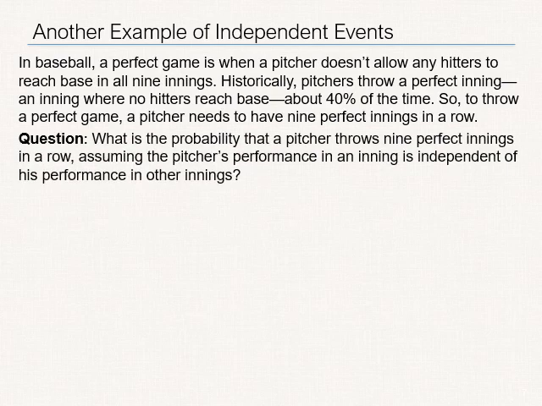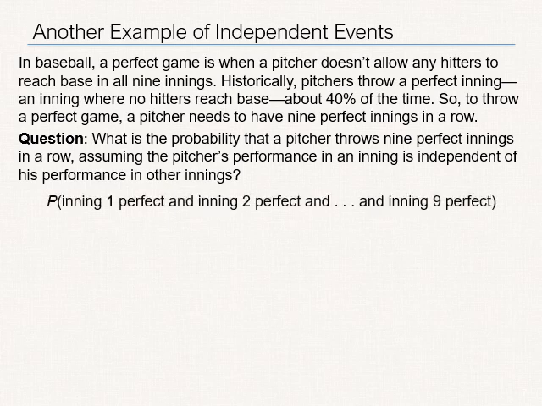All right, so here's the question. What's the probability that a pitcher throws 9 perfect innings in a row, assuming, of course, the pitcher's performance in any inning is independent of his performance in any other inning? All those innings' performances would be independent.